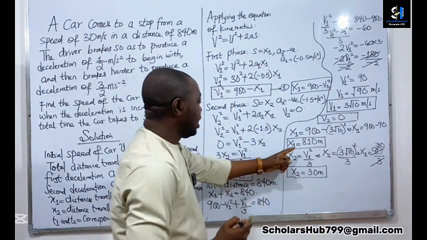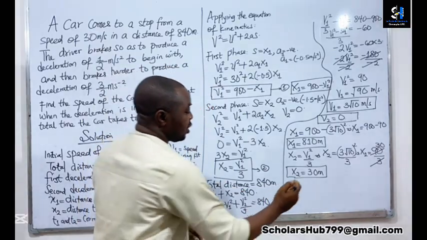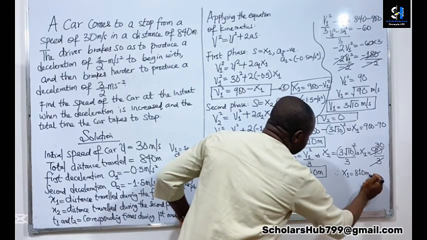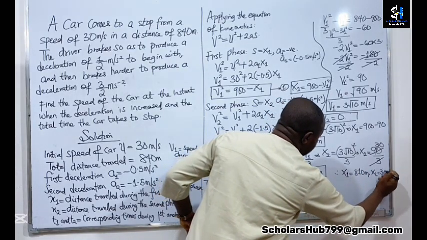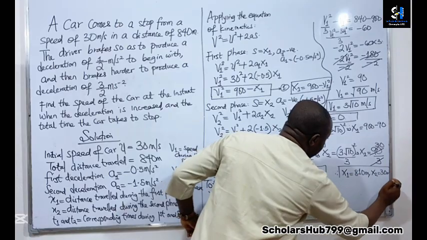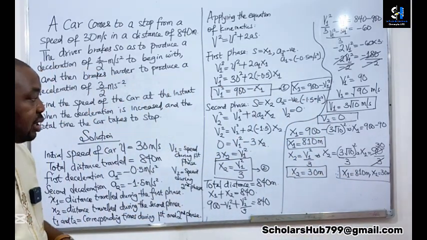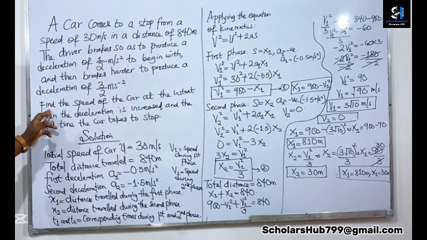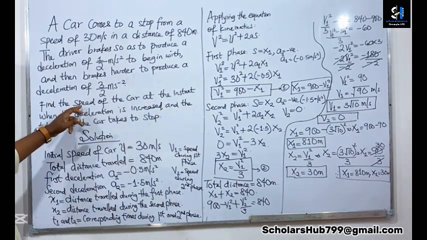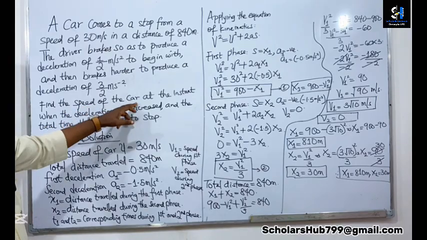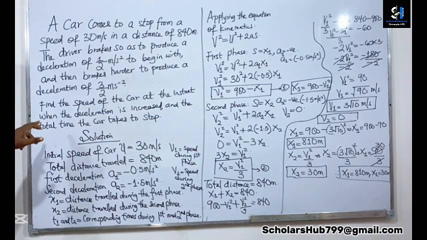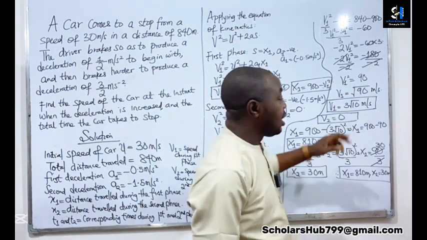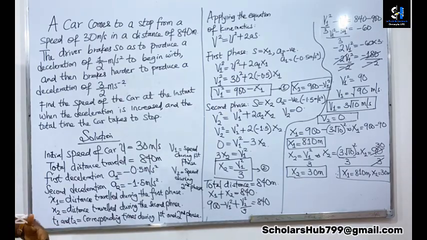So we can see that x1 equals 810, while x2 equals 30 meters. So that is the distances x1 and x2. Now let's calculate the speed. We want to find the speed of the car at the instant when the deceleration is increased.